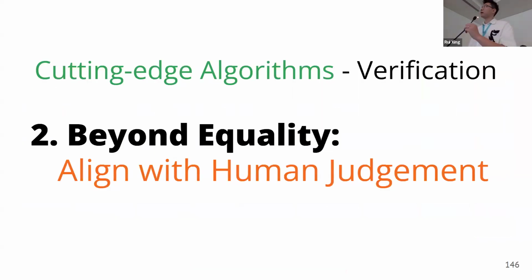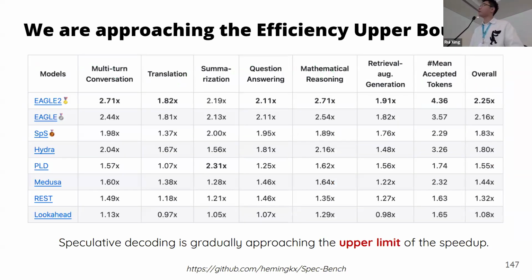Okay. And here comes the last part of our cutting edge algorithms. If we take a look back at this leaderboard, we can see that speculative decoding methods receive a lot of research interest.